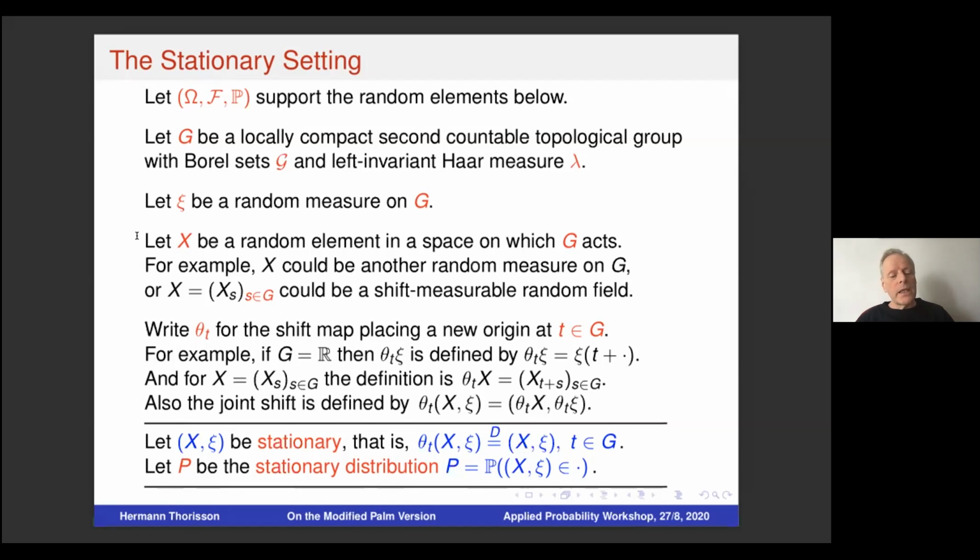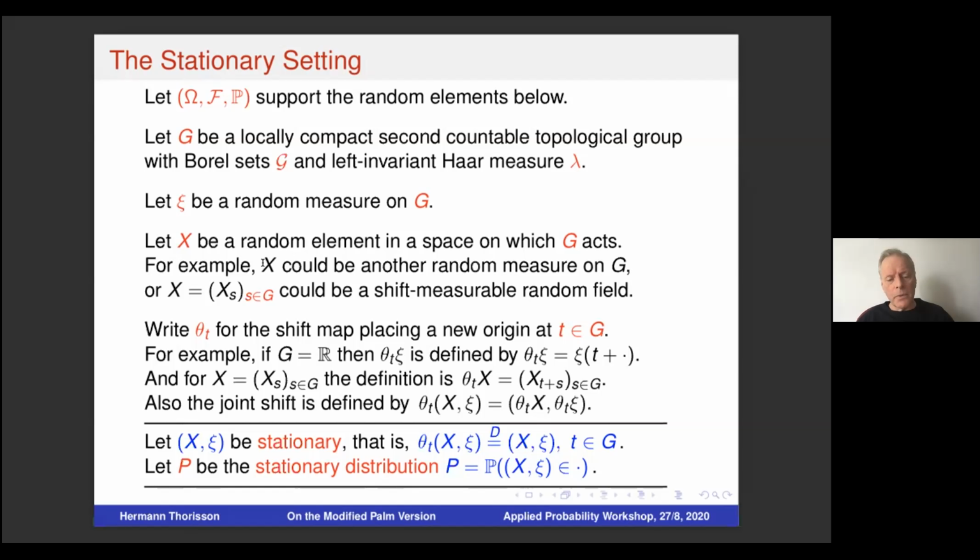And now I'm going to introduce an external thing, a new thing. In addition to the point process, there can be some X present, which is a random element in a space on which G acts.